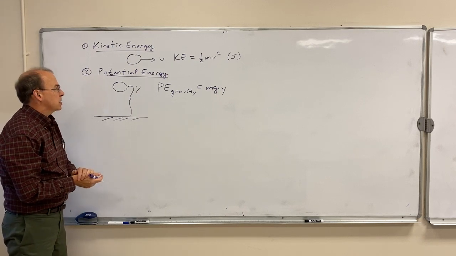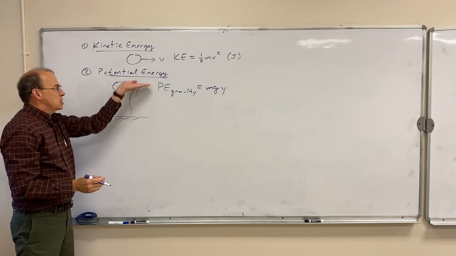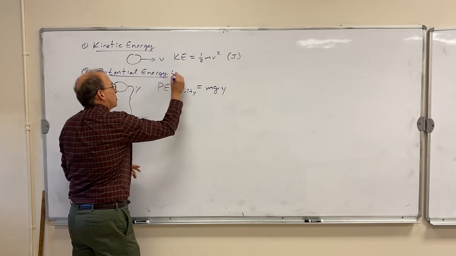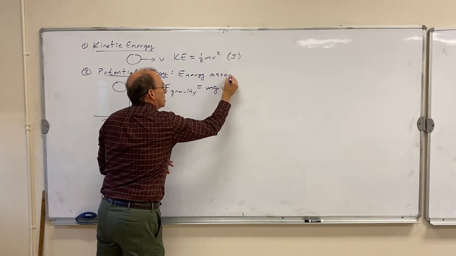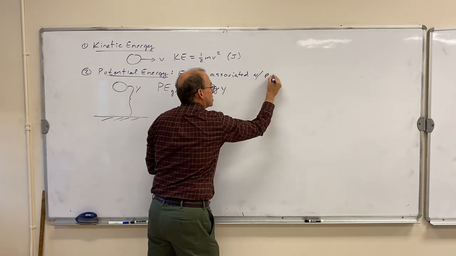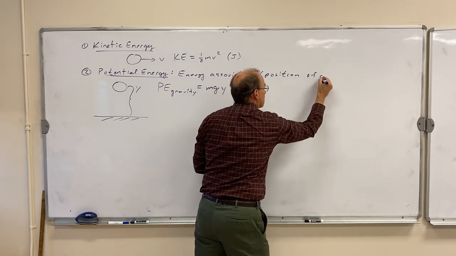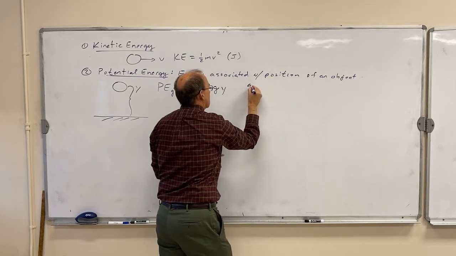That's gravitational potential energy. This is the energy associated with the position of an object above or below the surface of the earth. So we'll say this is energy associated with position of an object above the earth.